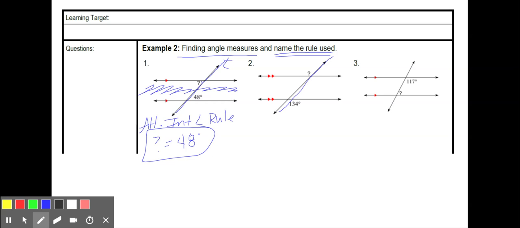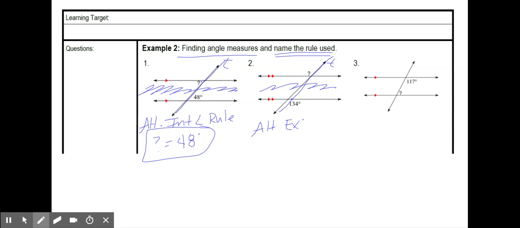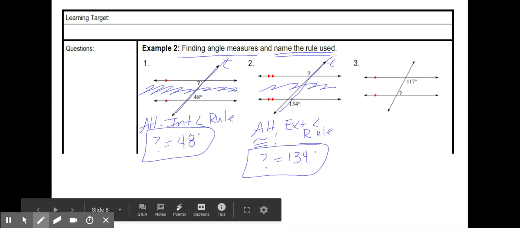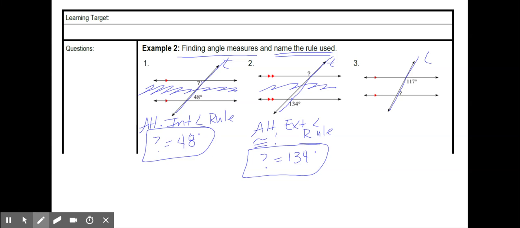Let's see, find our transversal, find our inside. So these are alternate exterior angles, and the rule also says that they are congruent. So I can say question mark is equal to 134 degrees. Great. All right, problem number 3, find my transversal, find my interior. So I see now I have same side interior angles.